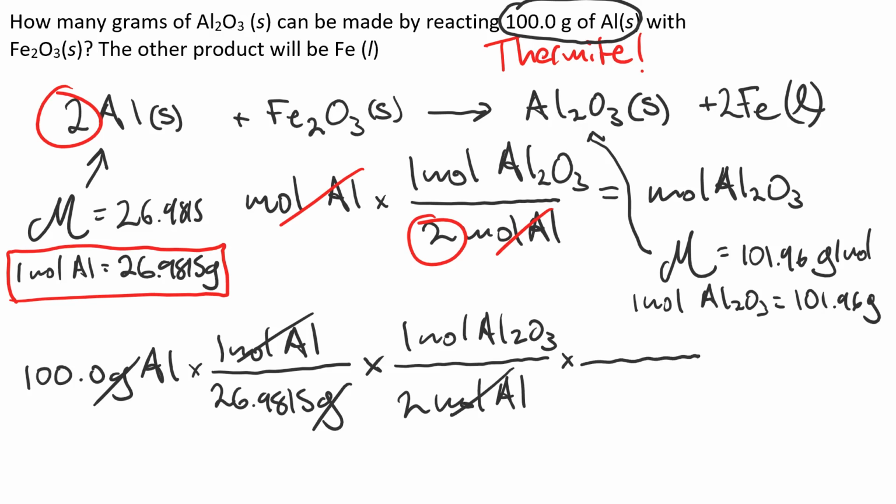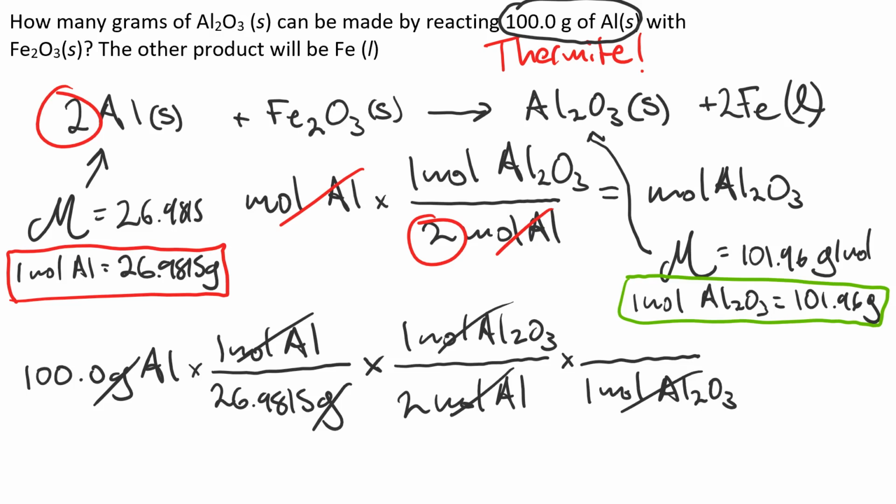Our final conversion factor will take moles of Al2O3 to grams of Al2O3. There's the equivalence statement we're going to use. On the bottom goes 1 mole of Al2O3. Moles of Al2O3 cancels. Up top goes 101.96 grams. Now we've canceled units as we go and made sure that everything works.